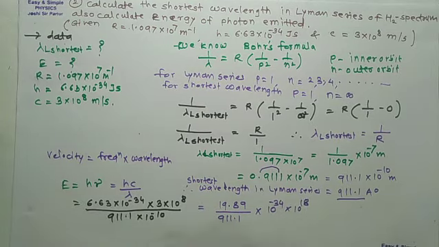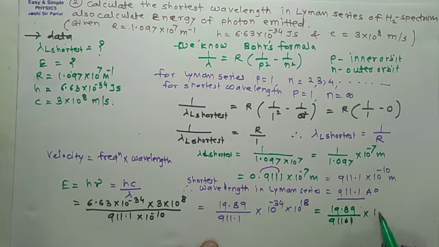Because minus 10 is given in the denominator, it will be plus 10. So here 19.89 divided by 911.1 multiplied by 10 to the power minus 26.